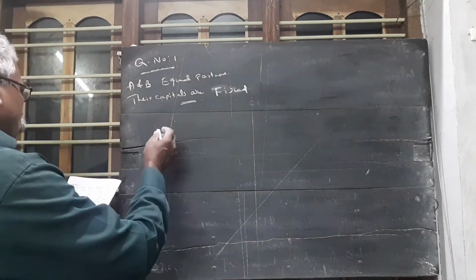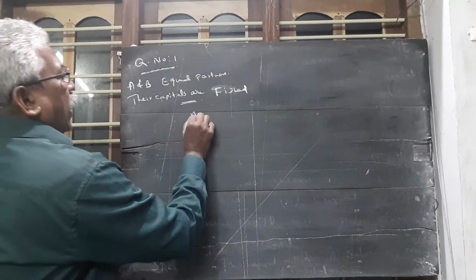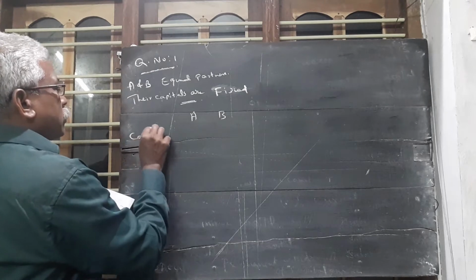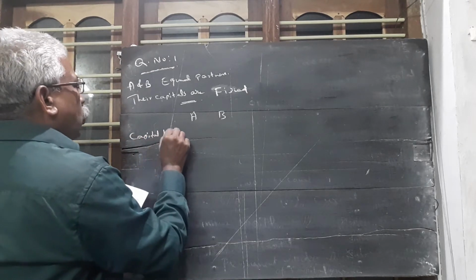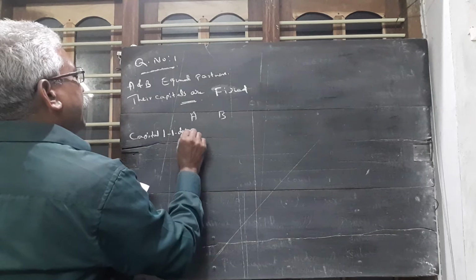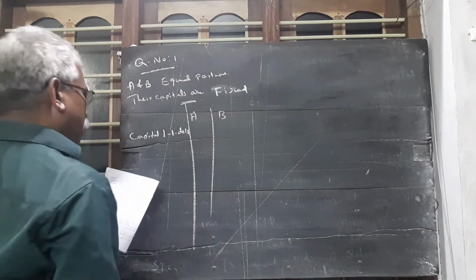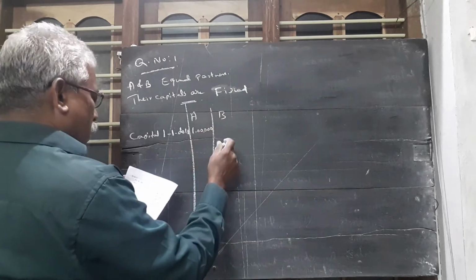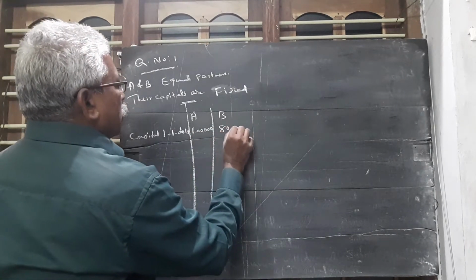Then the question: A and B are partners. Their capital on 1/1/2018: A's capital rupees 1 lakh, B's capital rupees 80,000.